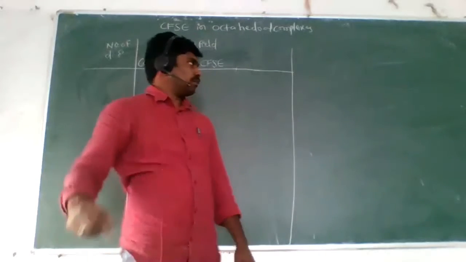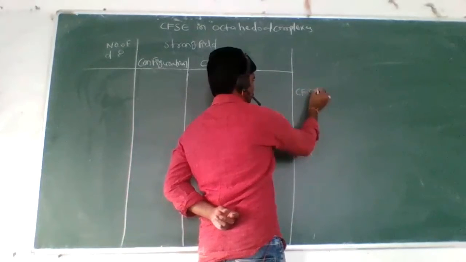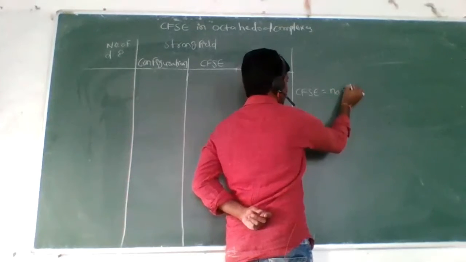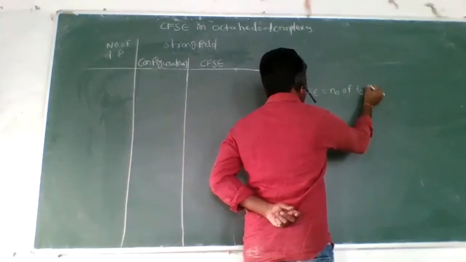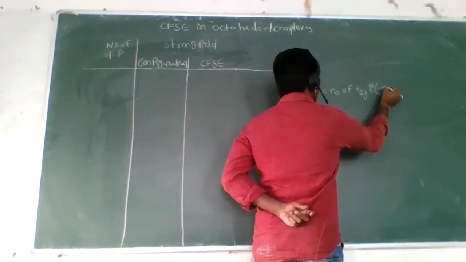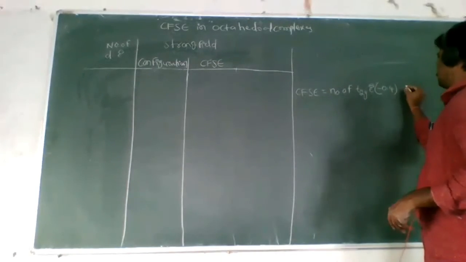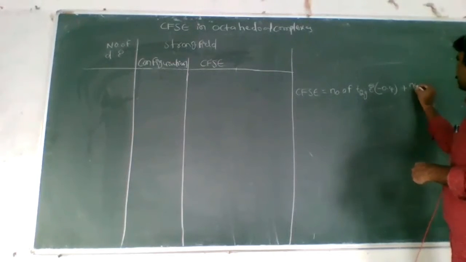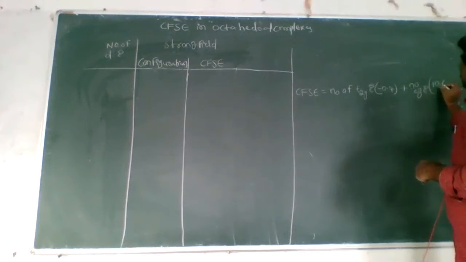So once again, remember the CFSE for the octahedral: number of T2g electrons times minus 0.4, plus number of EG electrons times plus 0.6.